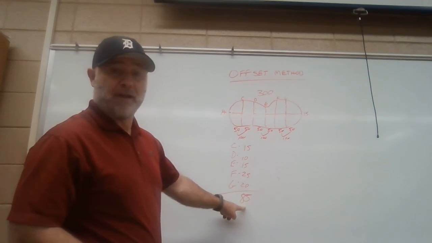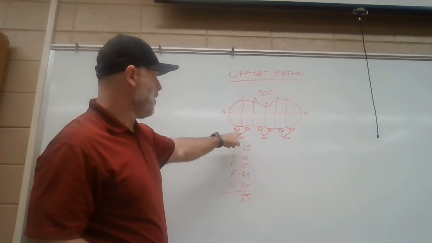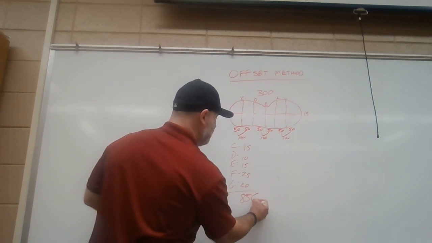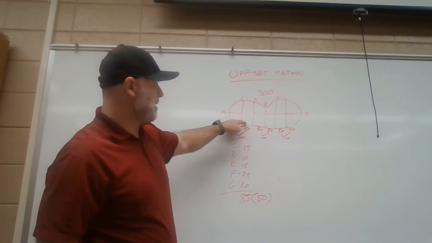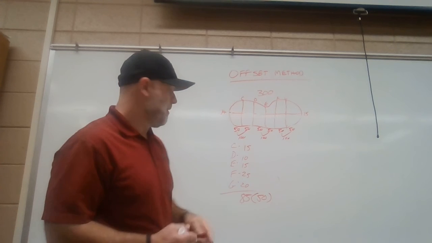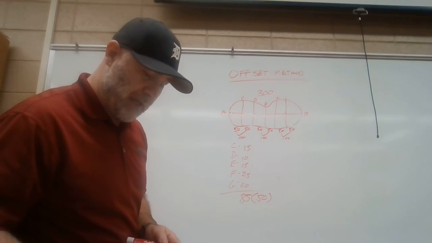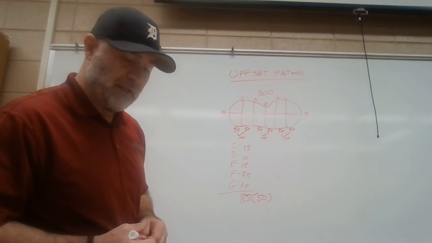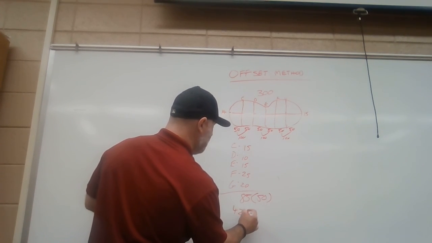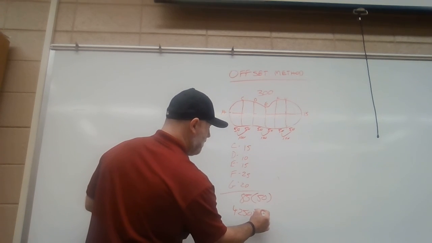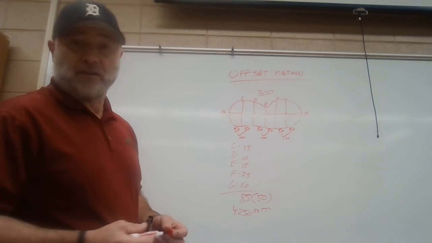But instead of multiplying by 10, as we did in the previous problem, we're going to go by 50. 50 is your space in between your lines. So 85 times 50 is 4,250 square feet. I hope that clears some of it up.